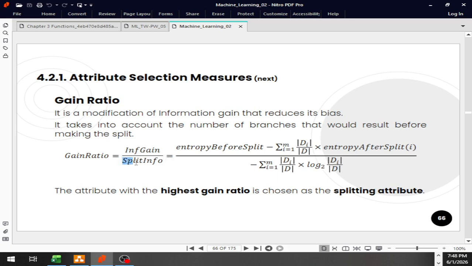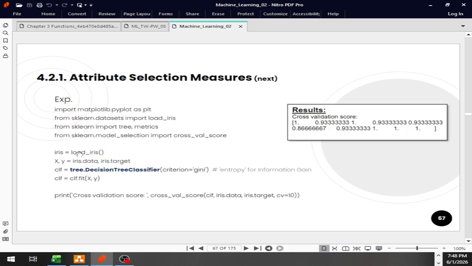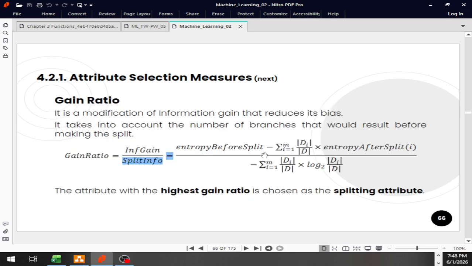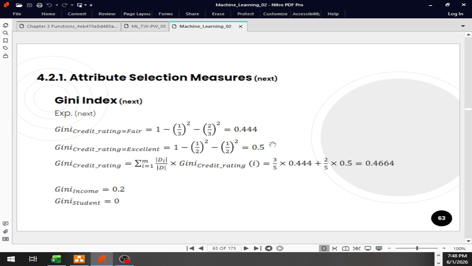But if we are creating useless data sets, the split info is going to be higher, so it's going to reduce the ratio of the gain. That's it. It's just to have the intuition about it and not dive any deeper.